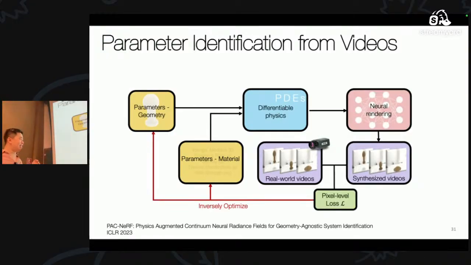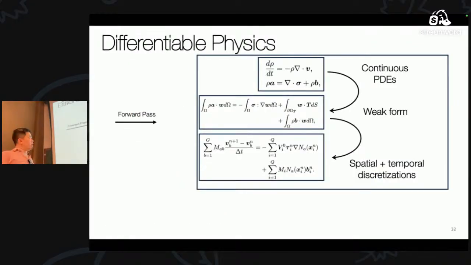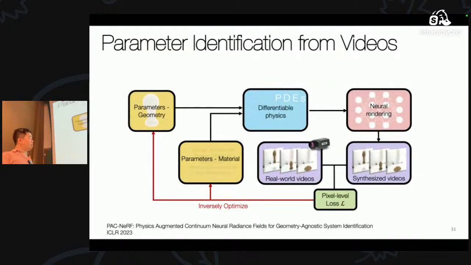The idea is basically, from these videos, you can construct pixel-level losses and directly, inversely optimize these geometries and parameters. And there's a differentiable physics solver here.